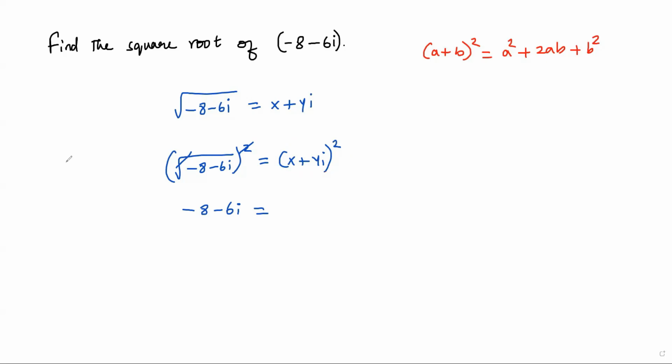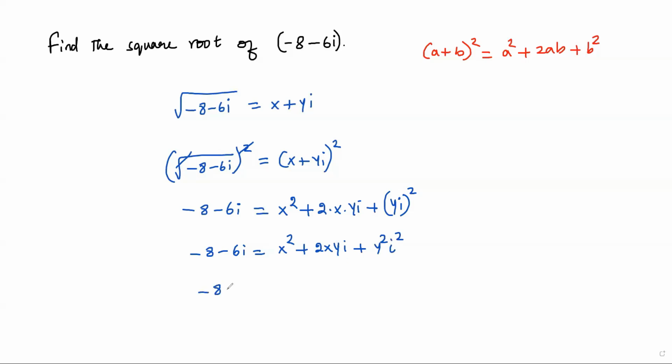So I'll get x squared + 2 times x times yi + (yi) squared. So -8 - 6i is equal to x squared + 2xyi + (yi) squared, which can be written as y squared times i squared.